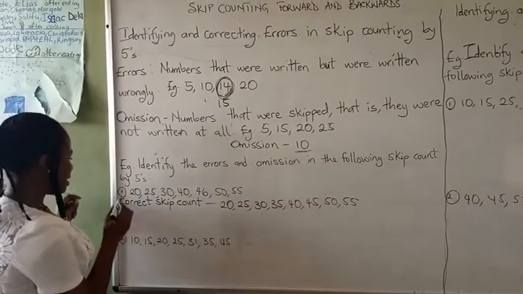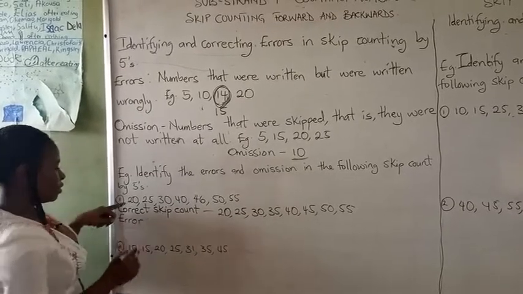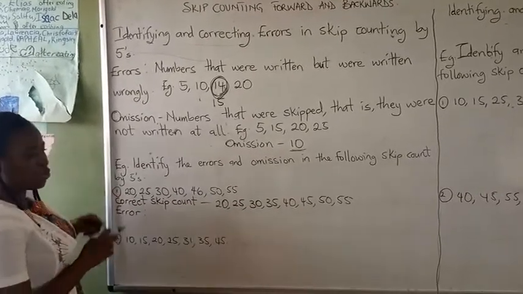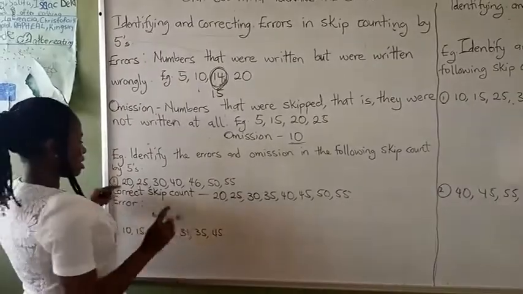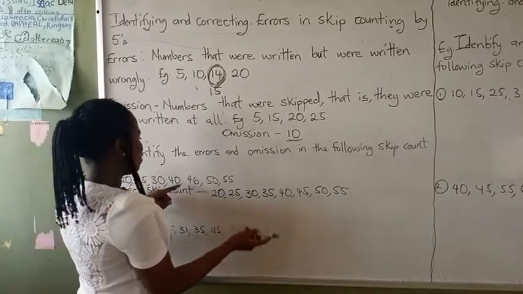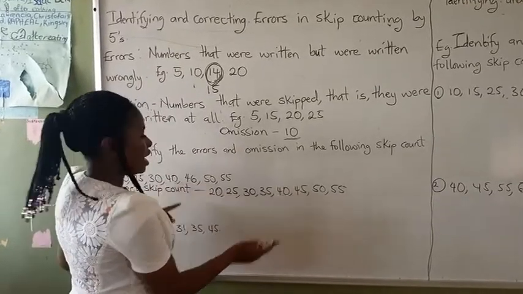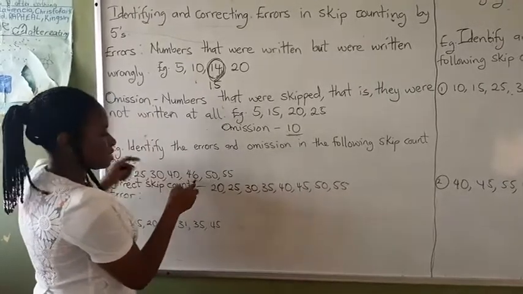So now let's look at the error. What is the error here? We'll compare the numbers and see which one was written wrongly. So we have 20, we have 25, 30, 35. Then we have 40 here, and then we have 45. So here it was written as 46.